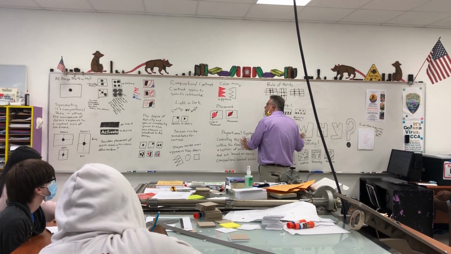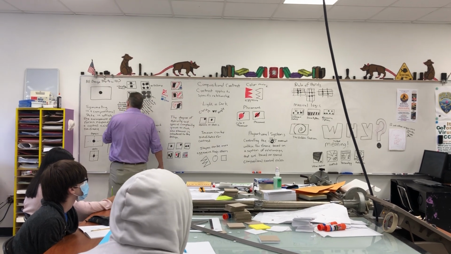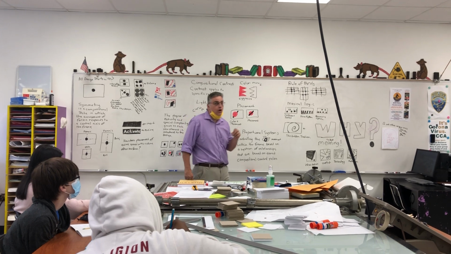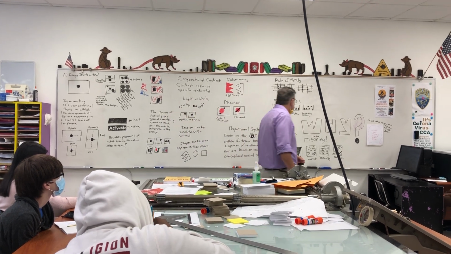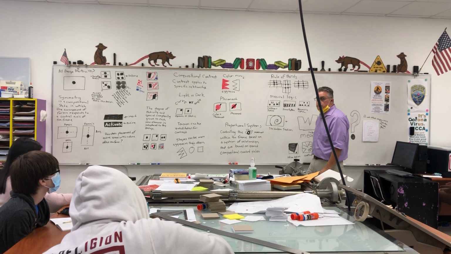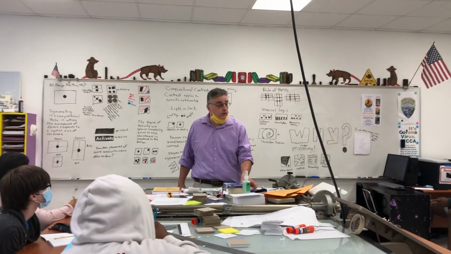So why do we do all these things? Why do we worry about where we place things, and space and placement and shapes? Because we're trying to add meaning to the composition. If you're not adding to the story, you're taking away from the story.